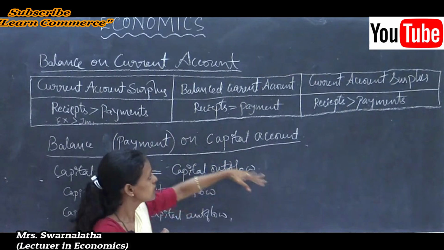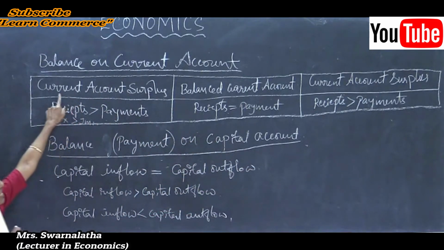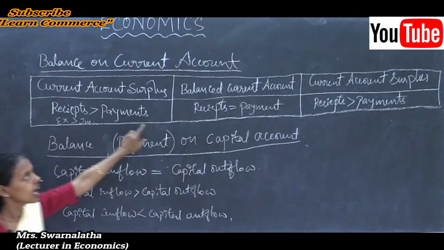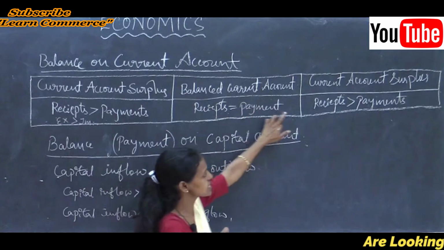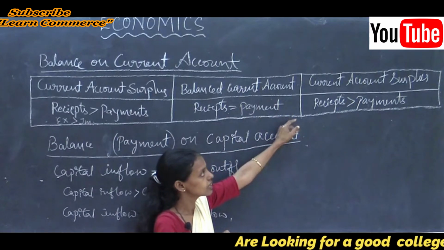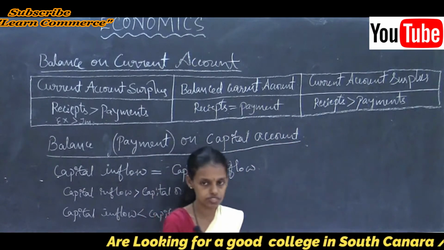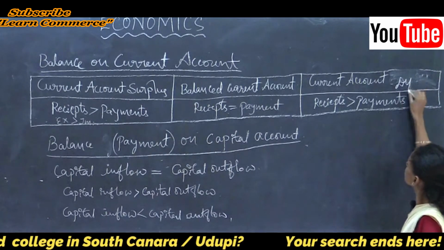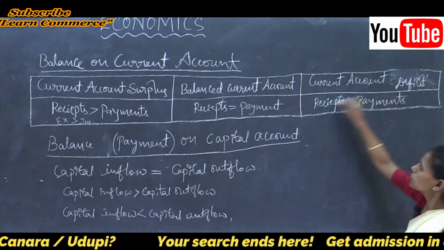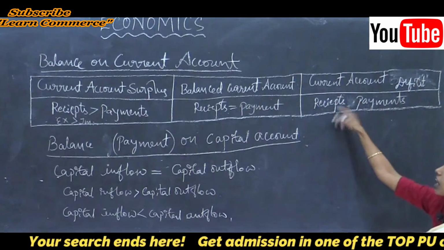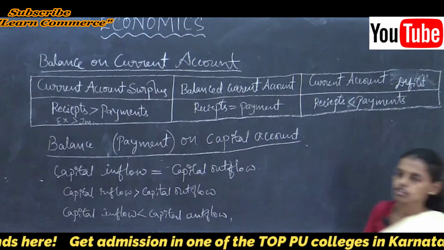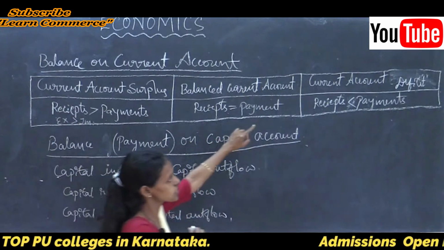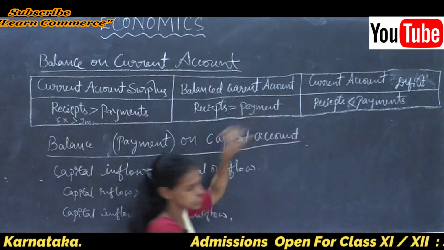Here you can see the current account surplus, where receipts are greater than payments, and balanced current account, where receipts are equal to payments. Then current account deficit. When the receipts are less than payments, it is said to be the current account deficit.